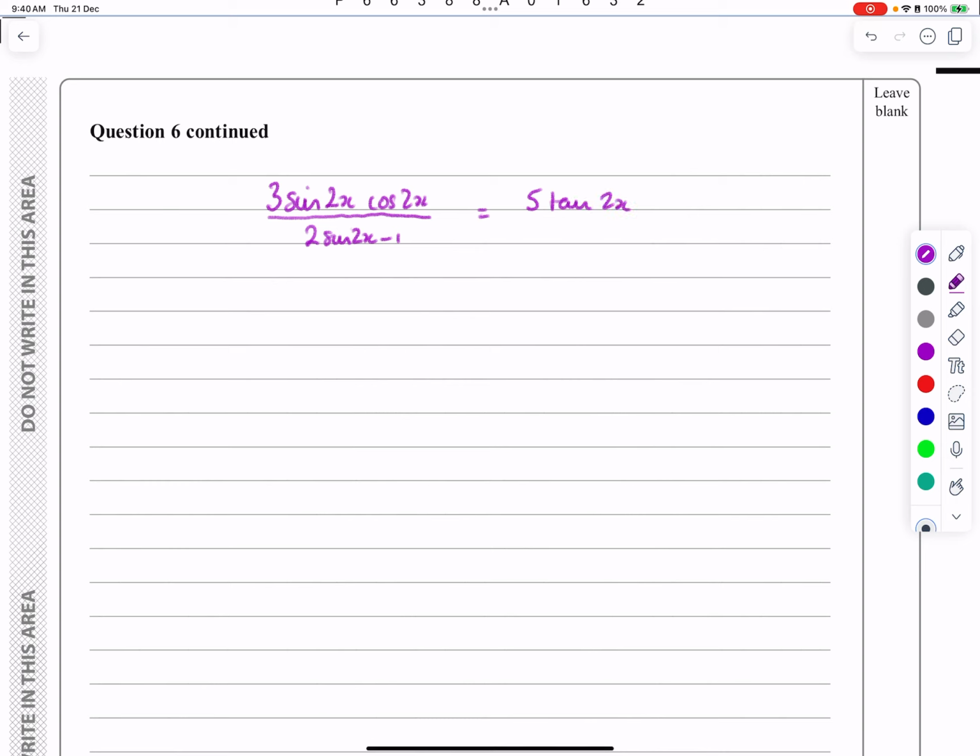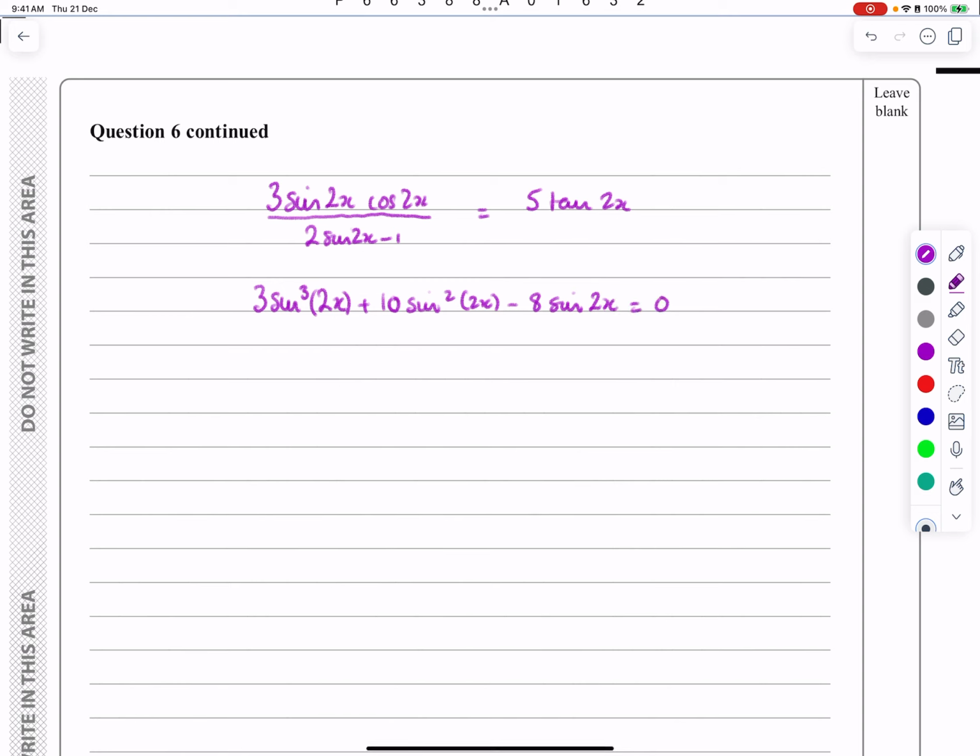And using part A, then we can say that's the same as 3 sine cubed 2x plus 10 sine squared 2x, in brackets if that makes it any clearer to you, minus 8 sine 2x is equal to 0.